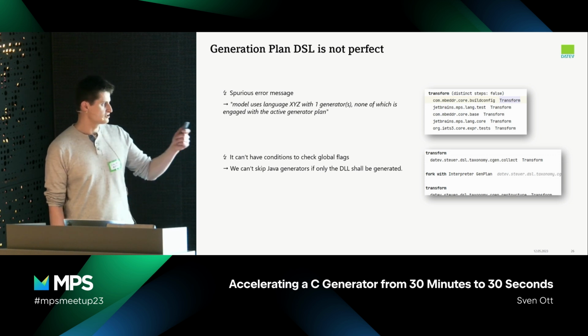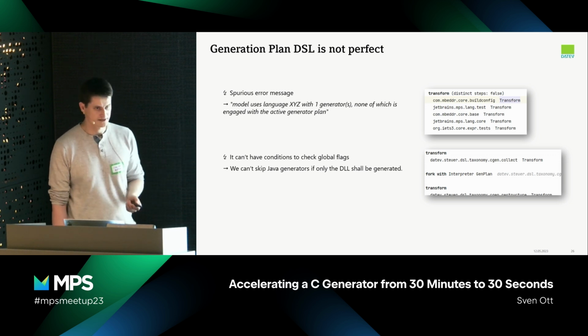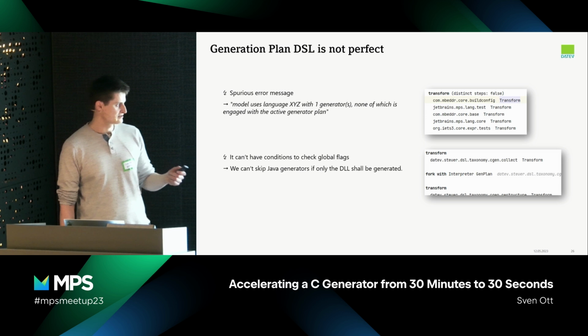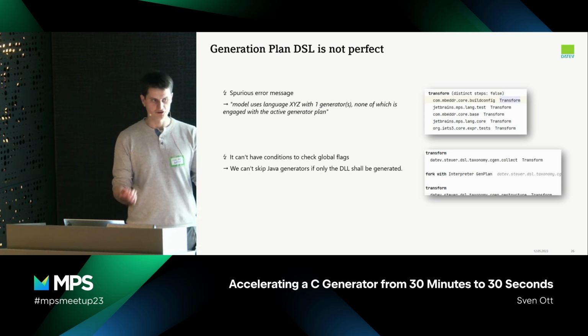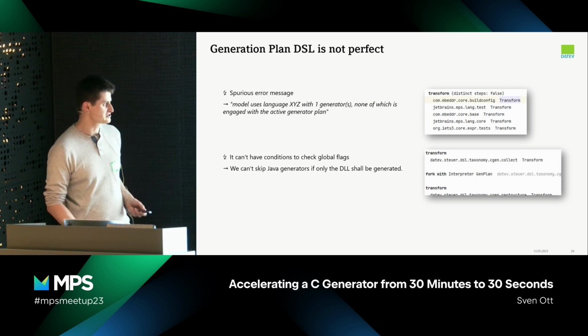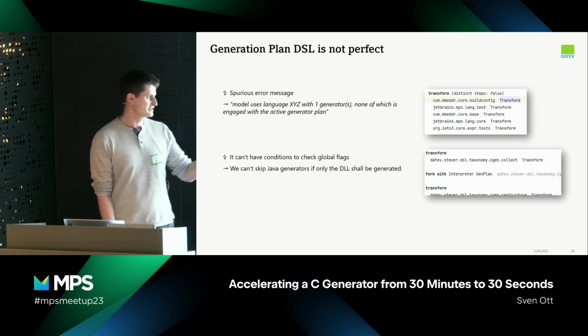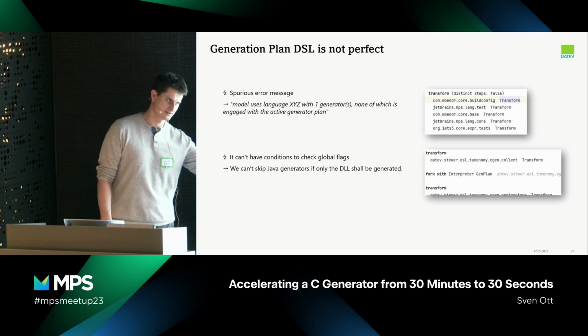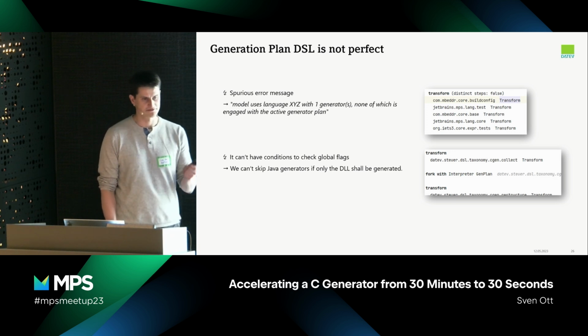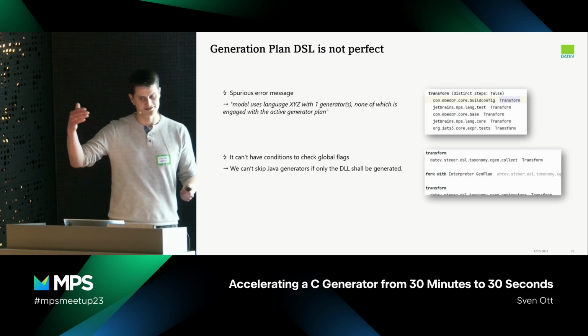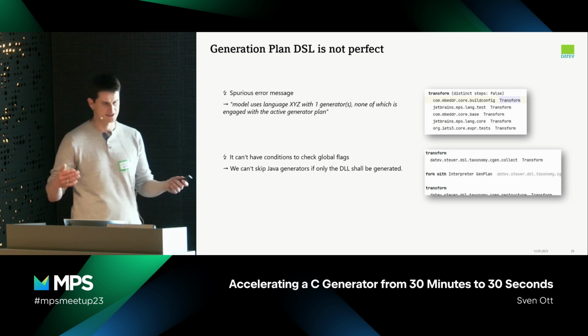And this is not possible with the generation plan DSL. You might think it's a DSL, so we can add new concepts and maybe extend the generation plan DSL. Yes, you can extend the DSL, but the interpreter interpreting that DSL or that generation plan is fixed. So you can't extend the interpreter, unfortunately, because there's no API for that.